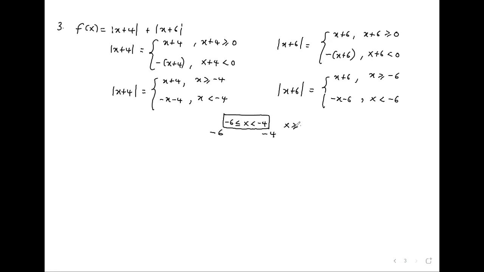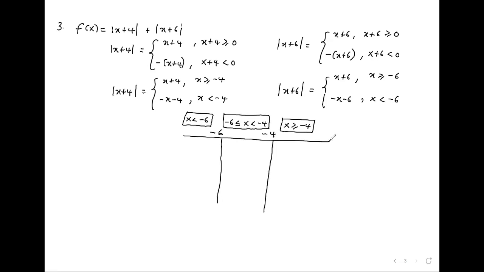After x is greater than or equal to negative 4, we have an interval here. Then x less than negative 6, another interval here. From there, we have lines here. So this is the modulus of x plus 4, the modulus of x plus 6, and the function.